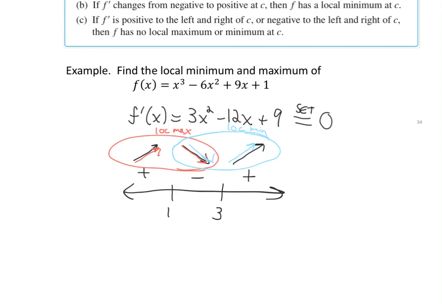So what we can say is that f has a local max at x equals 1 and a local min at x equals 3.